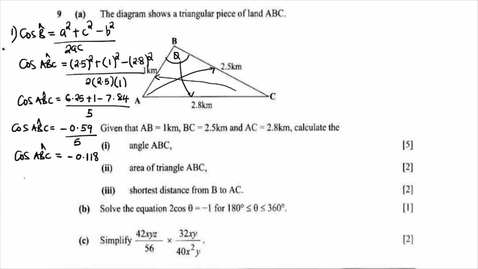When you're finding an angle, you're going to say the inverse cos of negative 0.118, meaning you press second function or shift on your calculator, then cos, then place negative 0.118, and that is going to give us angle ABC as 96.8 degrees.